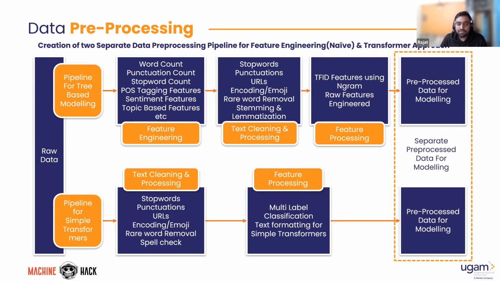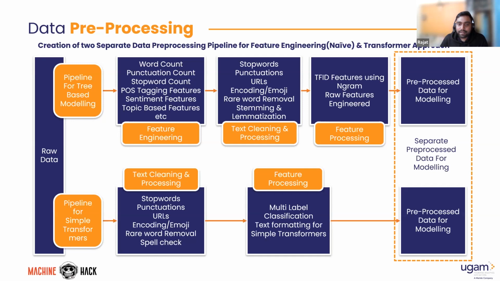The first was based on the feature engineering aspects of the text. So let's say you have a review: what is the length of that review? How many punctuation counts are there? What are the POS tagging features? What are the topic-based features that I extracted from that text?